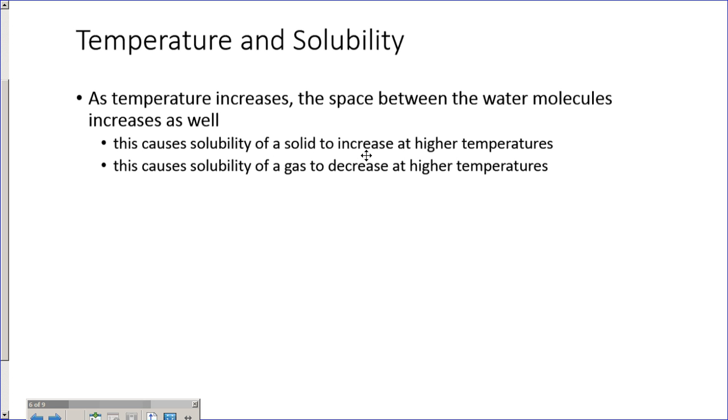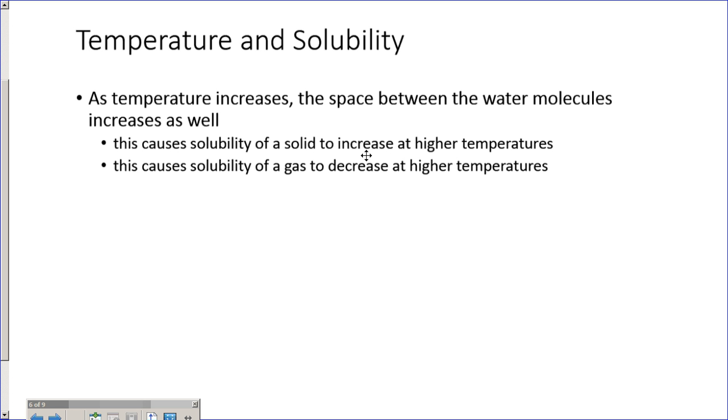And I say most solids. There's a little bit of thermodynamics going on in there that we don't have to really get to right now. But when you increase the temperature, you're increasing the space between the water molecules, and therefore you can stuff more solute into the solvent. Little vocabulary, hope you got that from your reading. Solute and solvent.